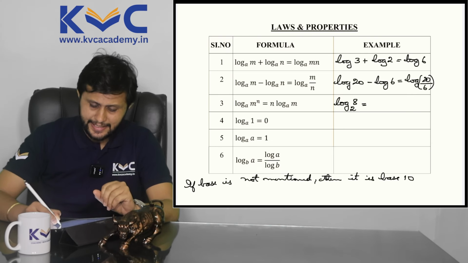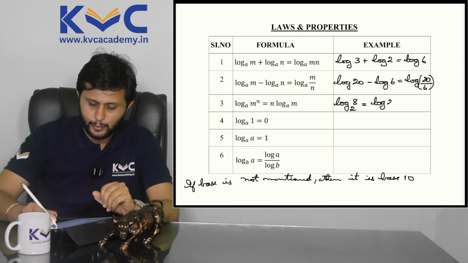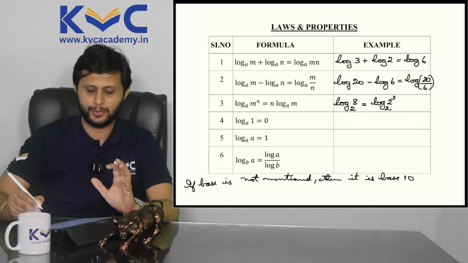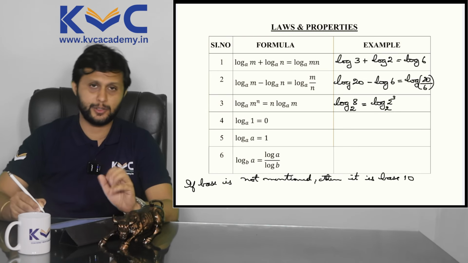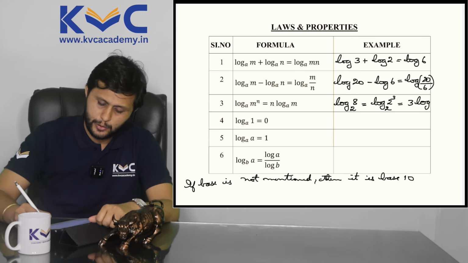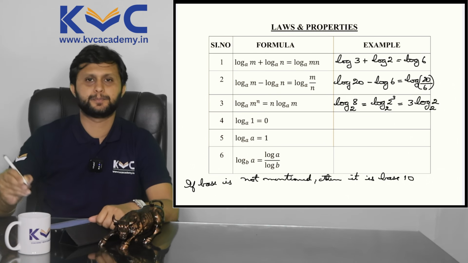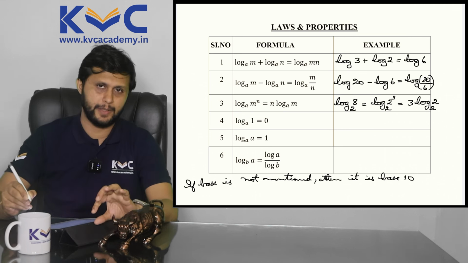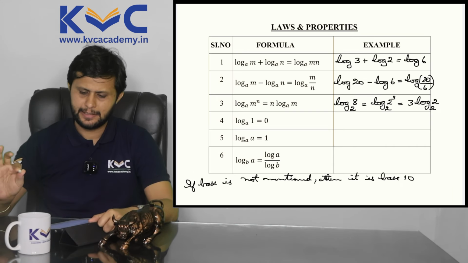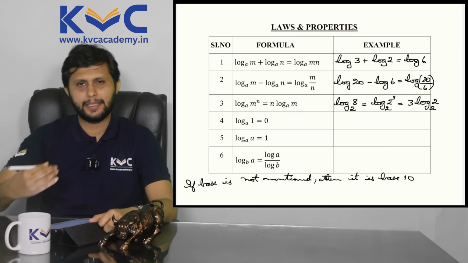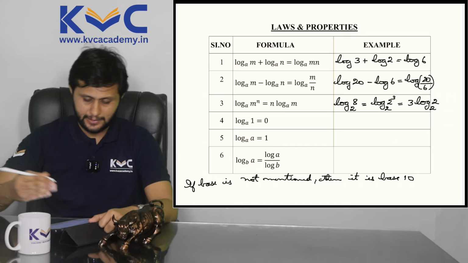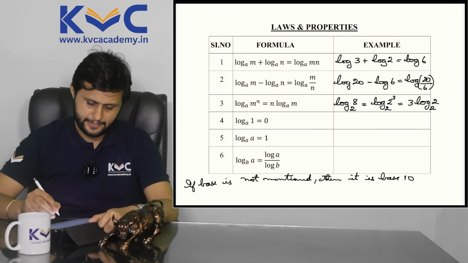We can rewrite this 8 as logarithm of 2 to the power 3 to the base 2. Get 3 outside, you get 3 log 2 to the base 2. We can simplify this further, but for the timing, I'll keep it as it is. I will show what can be done a little later. I hope this is clear. We have brought 3 outside. Logarithm of 2 to the base 2 is left as it is.